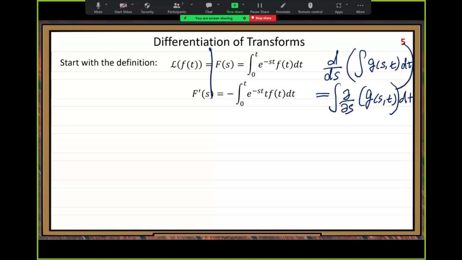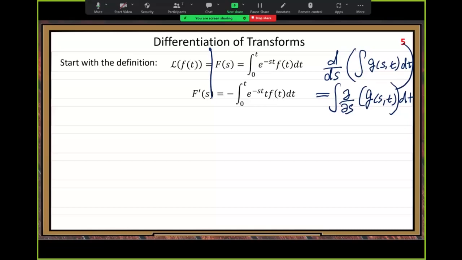Here, you take a partial derivative. t you treat as a constant. You take the partial derivative on this e term, and you get negative t out, by the chain rule.